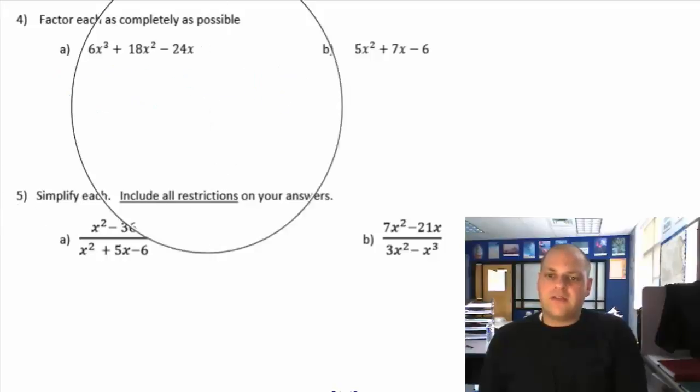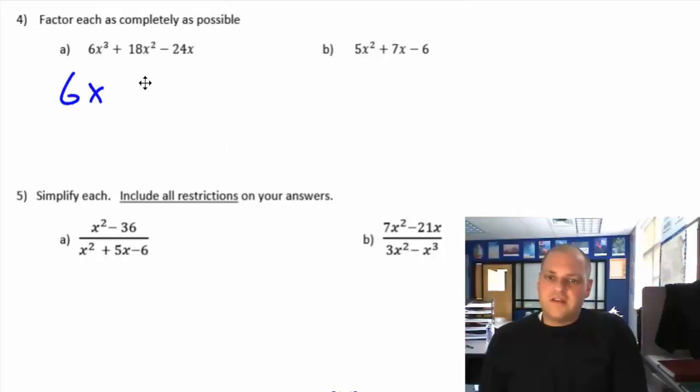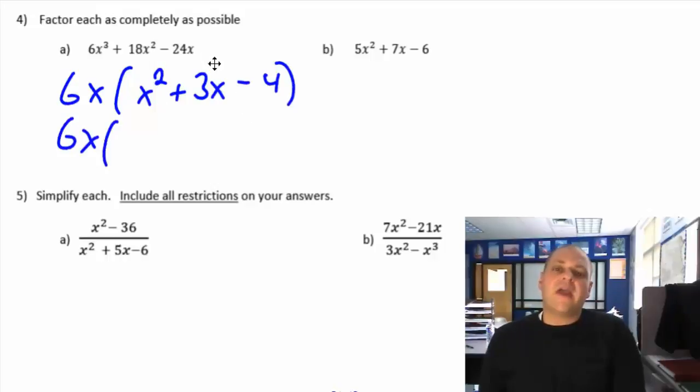Oh, that's because we need to take out a 6. Oh, so I'm yelling at you guys. We got to take out a 6x. 6x times x squared plus 3x minus 4. There we go. But see how I knew I had it wrong? Because I still had common factors there. Kind of glad I did that, actually.